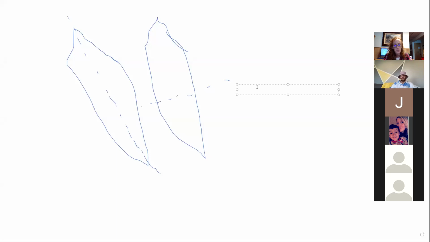So endomysium wraps around each fascicle.